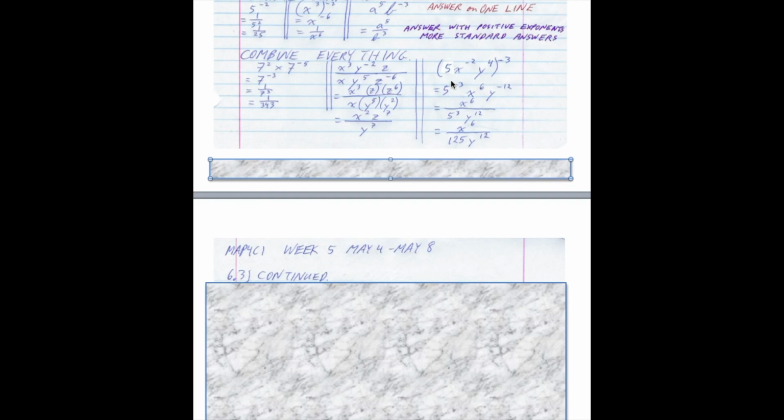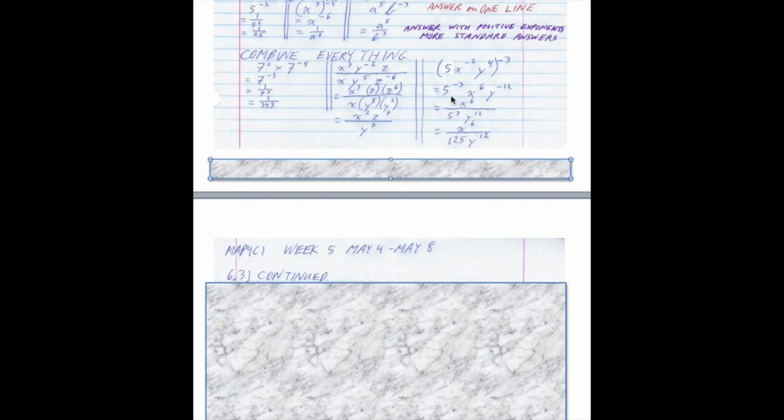Next example. I have a bracket to the power of negative 3. Inside the bracket, I have 5 to the power of 1, no exponent is showing, x to the power of a negative exponent, y to the power of a positive exponent. So I'm going to do my power of a power law first. That gets everything out of the bracket.